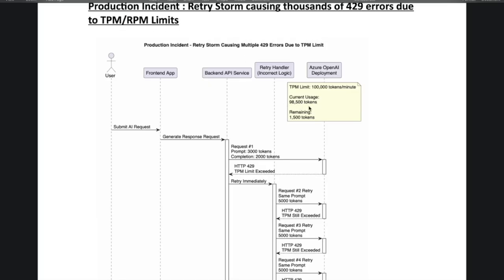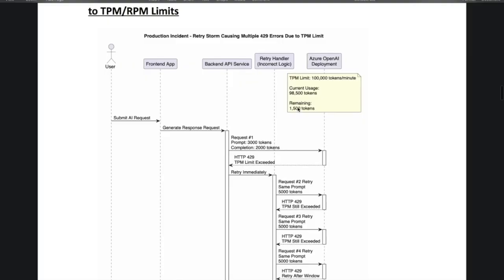Current usage already in that minute is 98,500 tokens consumed, because there can be thousands of users using this AI. So remaining tokens are 1,500. Because your prompt was 3,000 tokens and the remaining TPM limit was 1,500, you'll get HTTP 429, TPM limit exceeded.